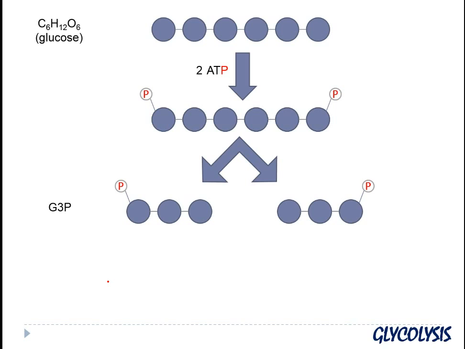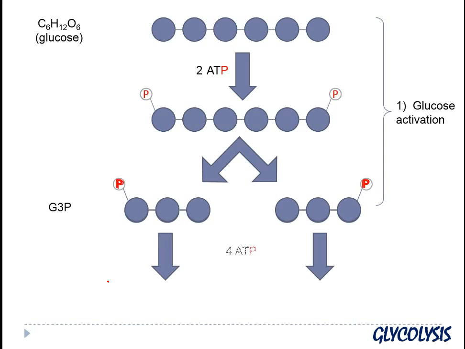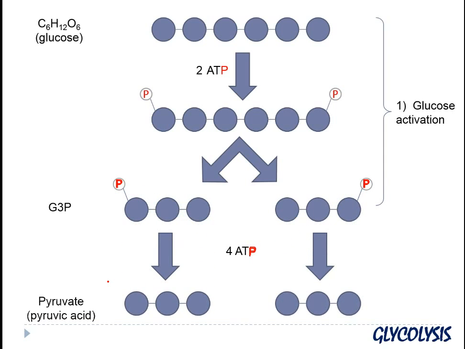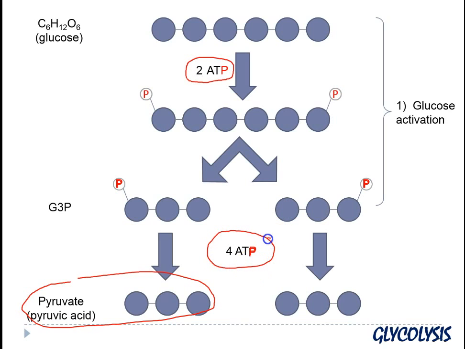Plus the splitting of this molecule makes it so we can actually make 4 ATP energized. And our new sugar is going to be called pyruvate. We still record this as only 2 ATP made because we needed 2 ATP to make 4 ATP.